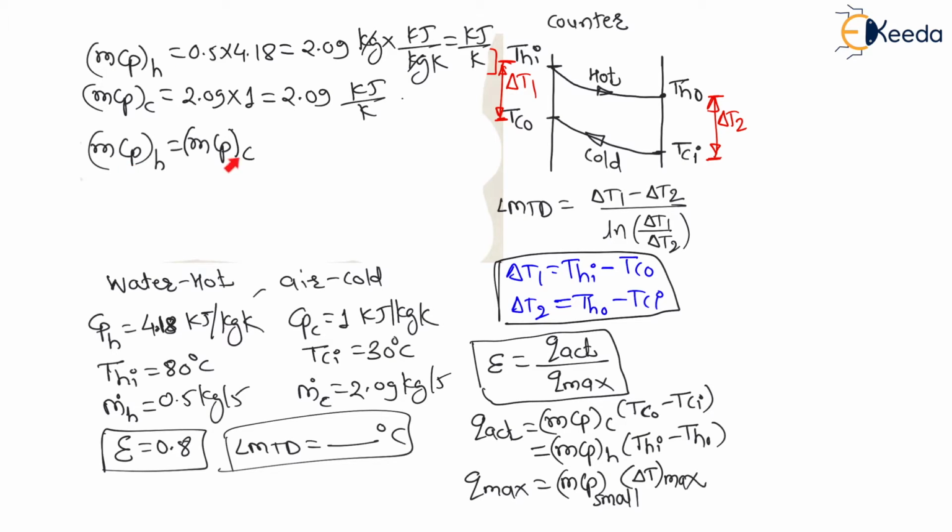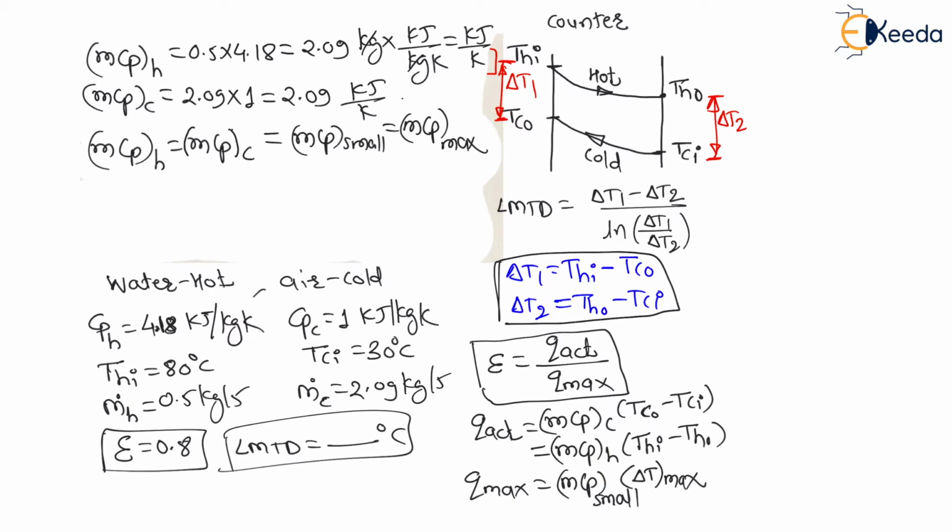If heat capacity of hot fluid is equal to heat capacity of cold fluid, that means for both it is having minimum. For both mCp is small as well as for both mCp is large, right? For both mCp is maximum as well as minimum. Therefore, you can use mCp here for mCp small, for hot also, for cold also, right? Now let us check this formula.